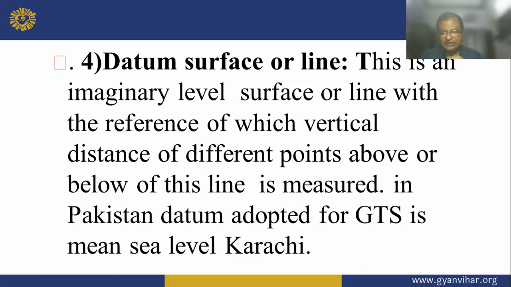What is mean sea level? Three-fourths of our entire earth is sea. So it means that on the earth, sea level is the one common reference. The sea is around most countries, touching them, so all countries have accepted it.